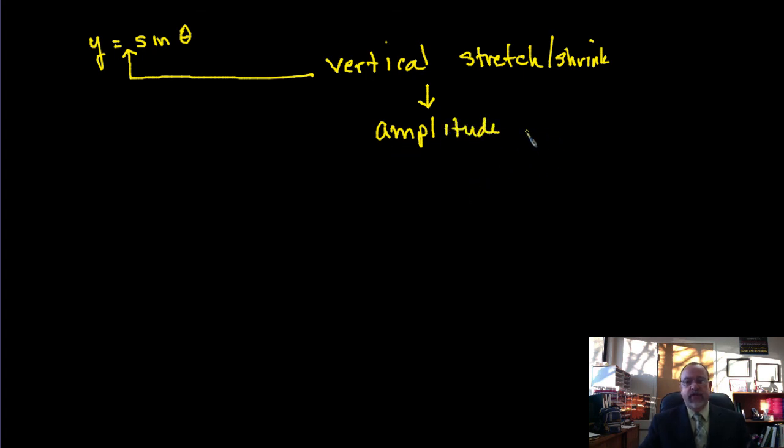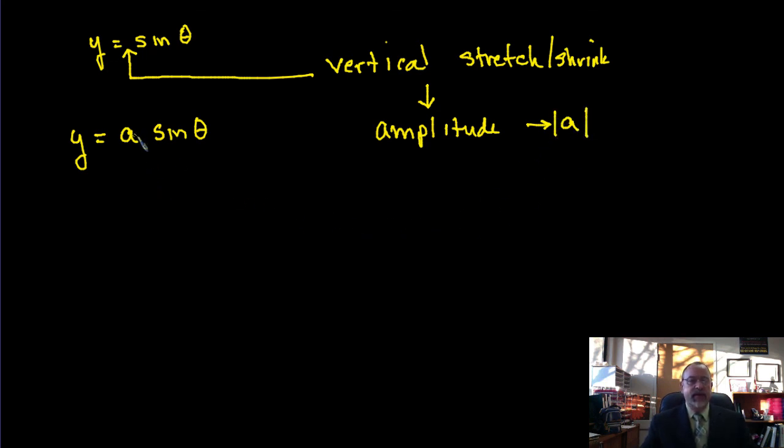Okay, and it's represented by the letter A. So if I wanted to write this using an amplitude, I would put A here, sine of theta, and the A is the amplitude.